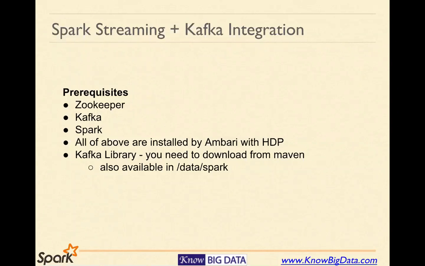The good news is these are all installed by HDP, Hortonworks Data Platform. You might have to download the Kafka library to use with Spark and Scala, and we have already kept it in the Spark directory.